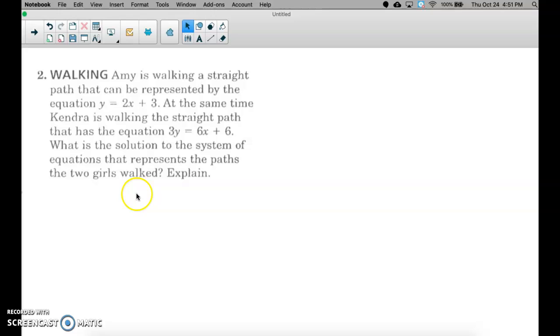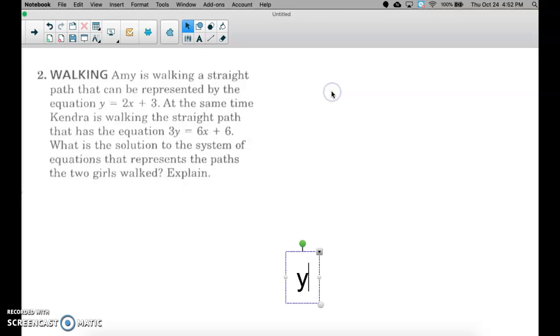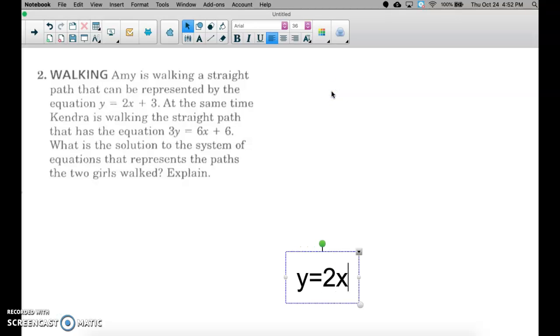Number 2 can be done a variety of ways. A lot of you probably tried to either substitute or eliminate, and you found that you didn't get a solution, and then you got really confused. That's okay. One of the things that you should notice here is that when you simplify both of these equations, we're going to get y equals 2x plus 3.